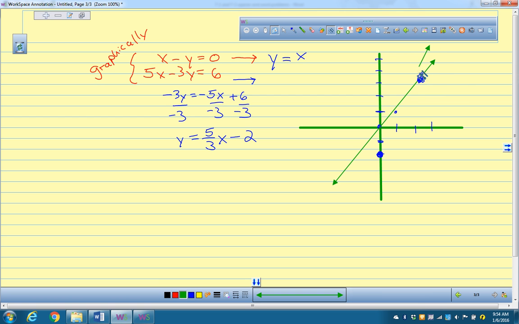So if I were to make these lines cross, you could clearly see that these two lines would cross at 3, 3.